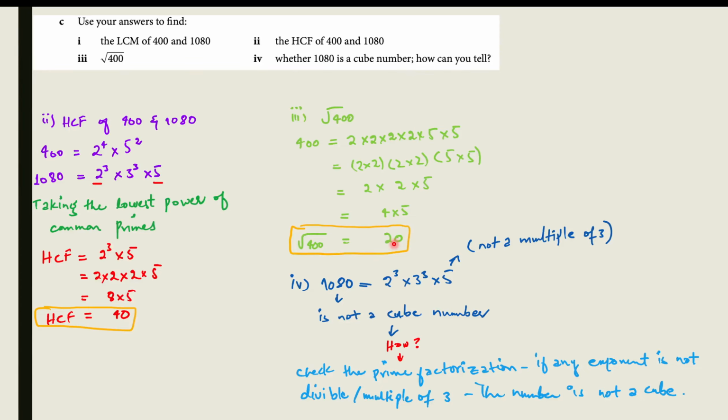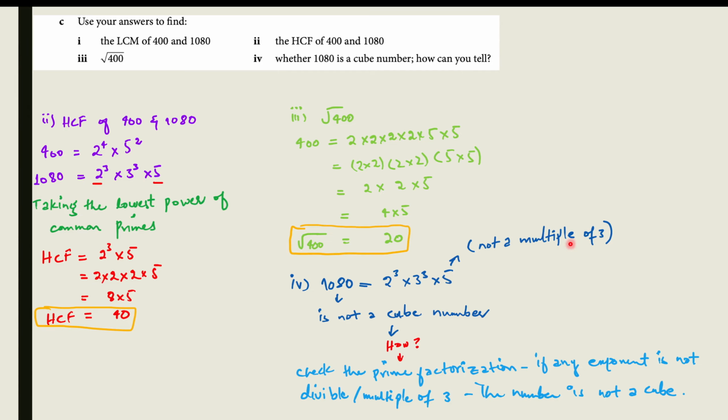The last part of this question is we are asked whether 1080 is a cube number or not, and what procedure or method will we use in order to tell if it's a cube number or not. So again, utilizing the product of prime factors, since it is not a cube number, we can say that the primes are not multiples of 3 or divisible by 3.